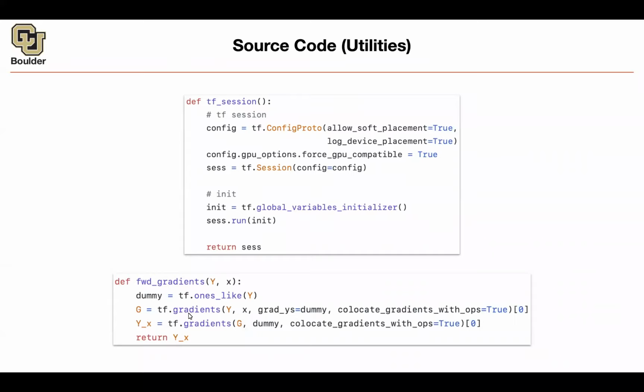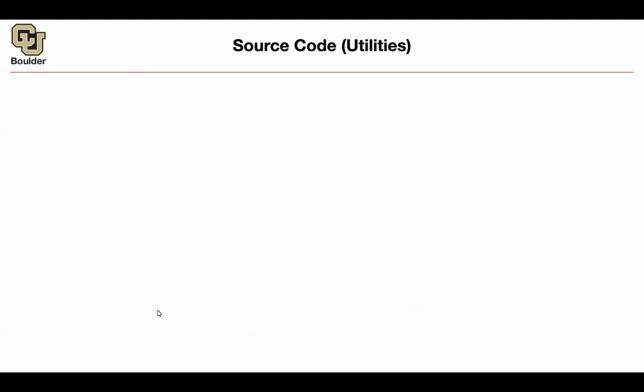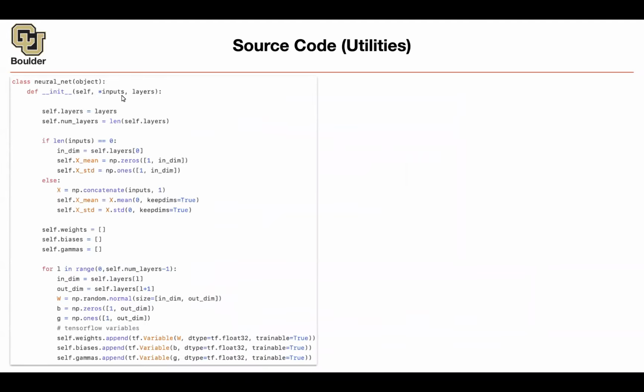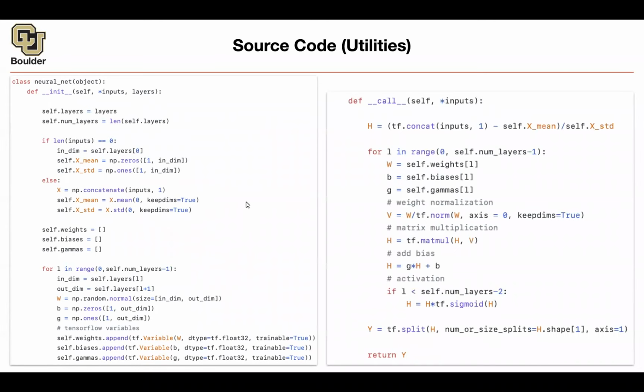It's going to be as efficient as doing a forward gradient yourself in TensorFlow. We are going to define a neural network. You're going to have a set of weights and biases and some gammas. It's a callable class, we can call it.